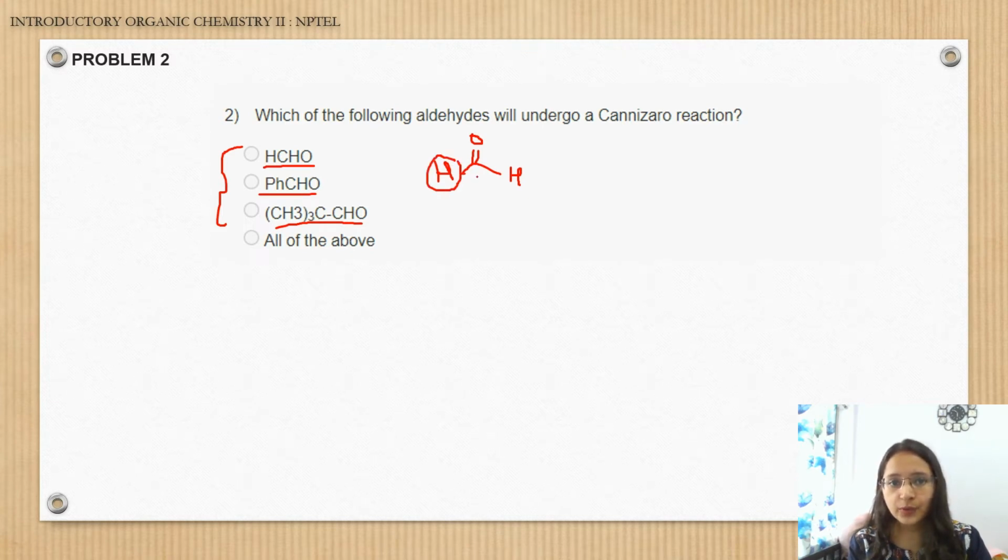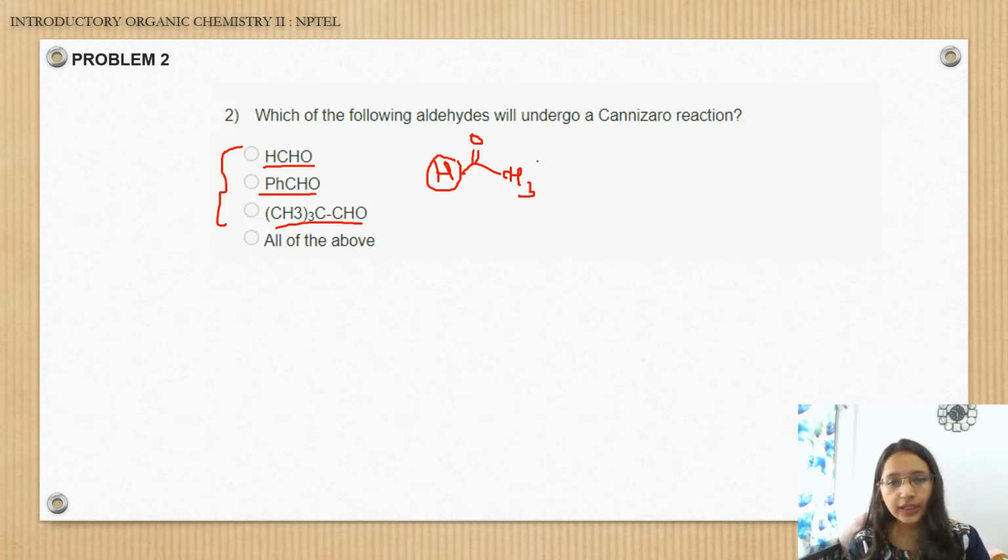If this were methyl instead of the hydrogen, then it has an alpha carbon, right? And it also has the alpha hydrogen because this carbon is attached to three hydrogens. Now the base can abstract the hydrogen from this side, and an anion can get generated which delocalizes to form an enolate, which happens in aldol condensation only.